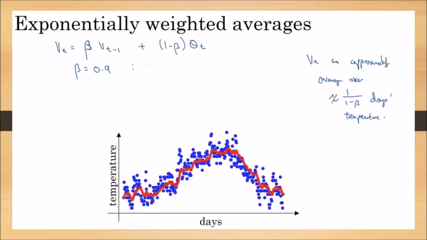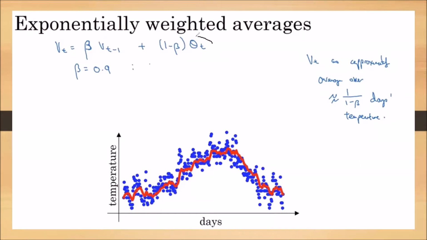Okay, now let's see what we are actually doing. This is the generalized representation of the equation for the exponentially weighted average or moving average. Vt is equal to beta, the weight we are taking, into Vt minus 1, the previous moving average, plus 1 minus beta into the present day temperature.